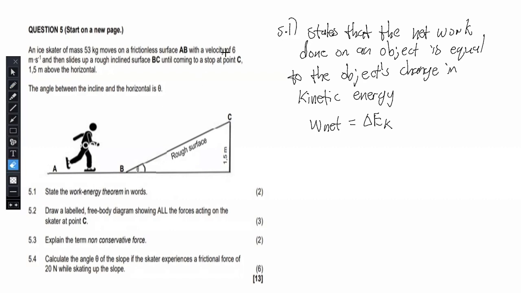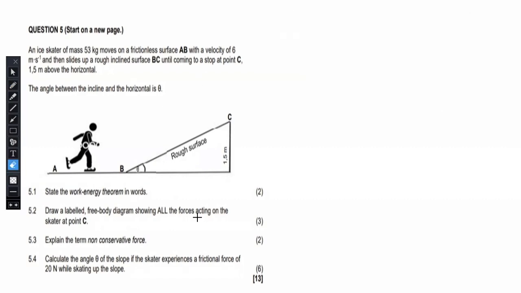It says, draw a labeled free body diagram showing all the forces acting on the skater at point C. Right. So at point C, we know that we will have our normal force perpendicular to the surface like that, and then straight in line here we have our gravitational force, and then since the ice skater will be moving up, that means frictional force will be acting down the incline there.